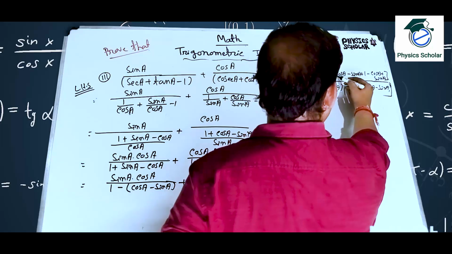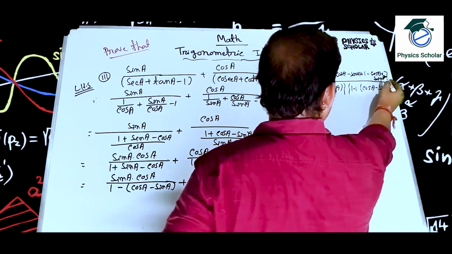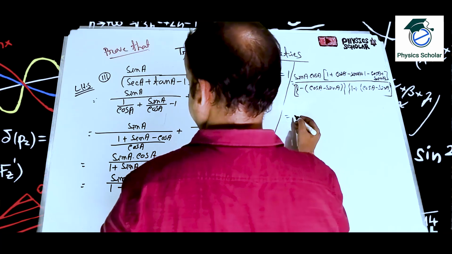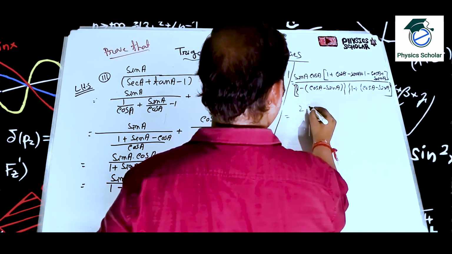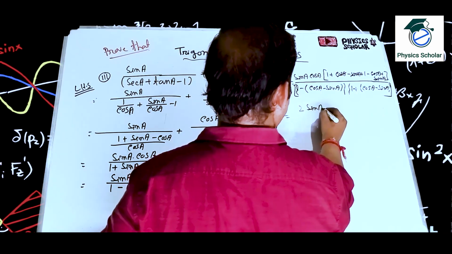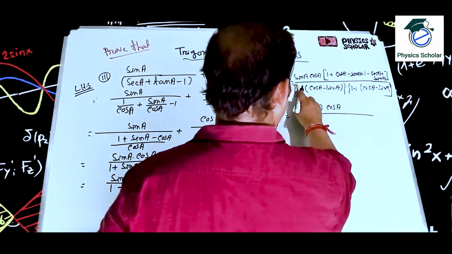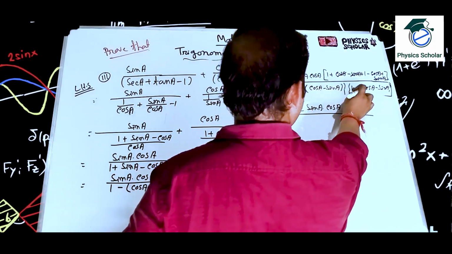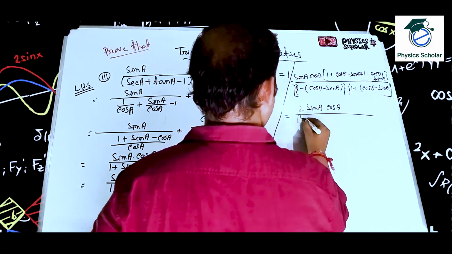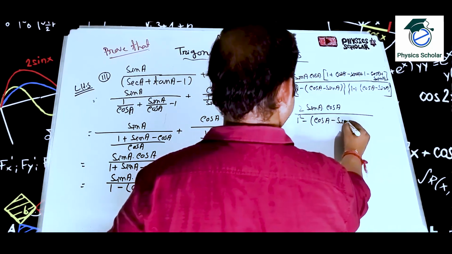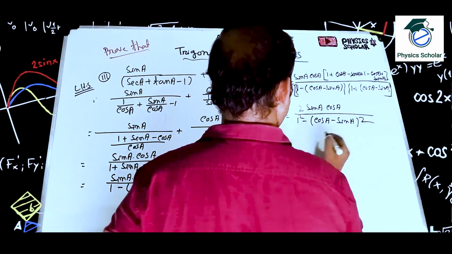So plus cos A minus cos A plus sin A minus sin A, so it will be what? It will be 2 sin A into cos A whole divided by A minus B into A plus B. So A square minus cos A minus sin A whole square.